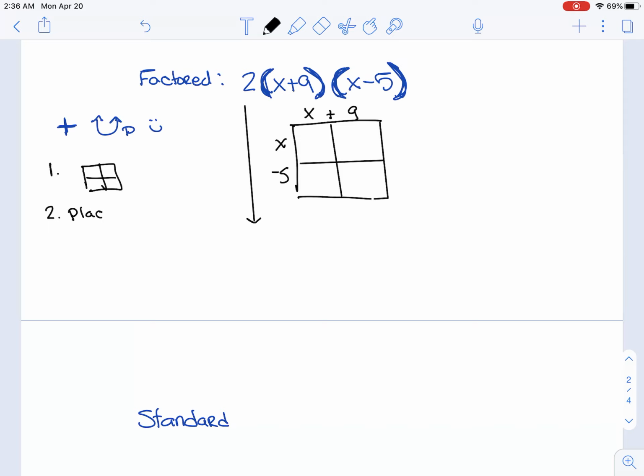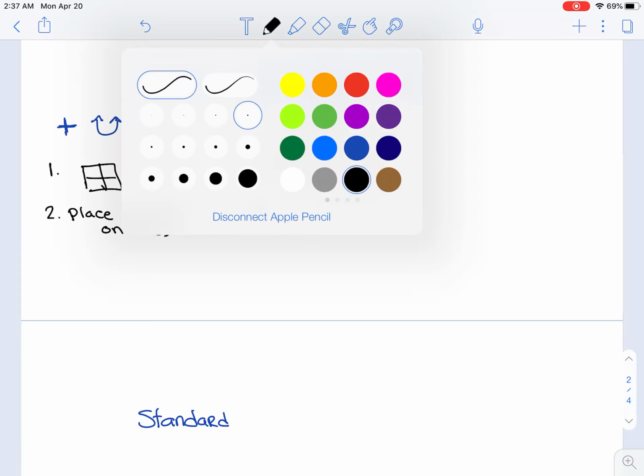So that was step 2, place parentheses on sides. Okay, so I'm multiplying.